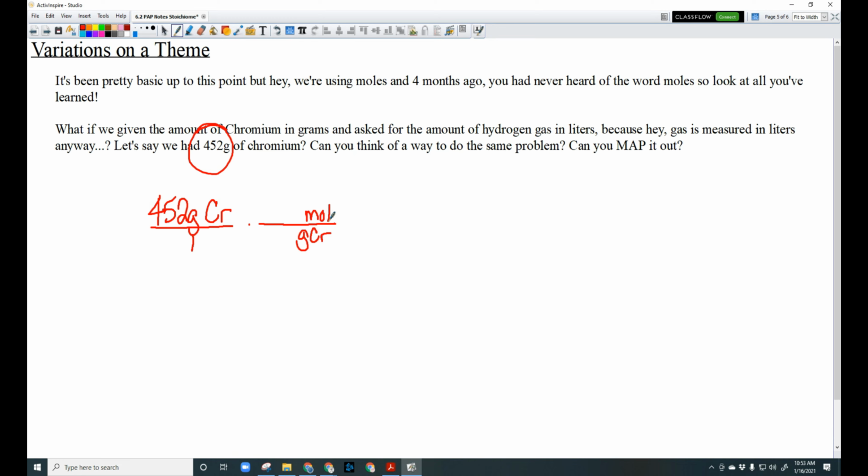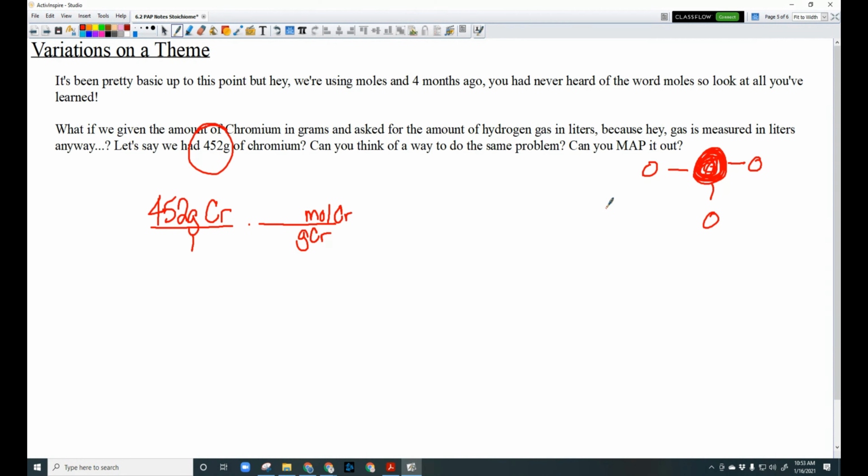Moles of chromium. You want to convert everything to moles because remember, moles is that central hub. Everything is connected to moles. Grams is connected to moles, particles is connected to moles, and liters is connected to moles. So that central unit for all of them right here is moles. No matter what kind of problem you have, and I may have said this in the past, if you don't know how to do this, then the first step is to convert everything to moles.